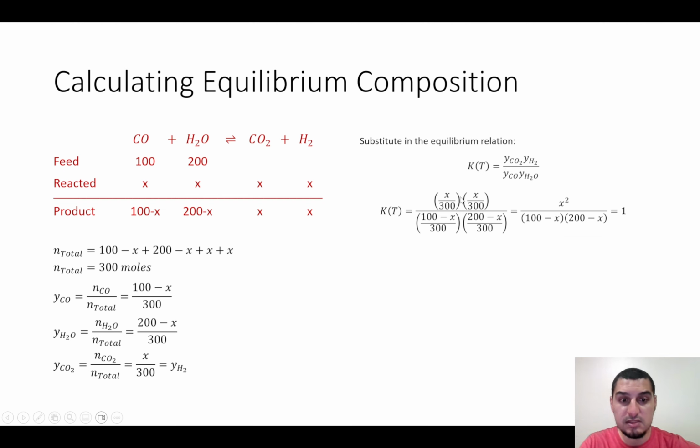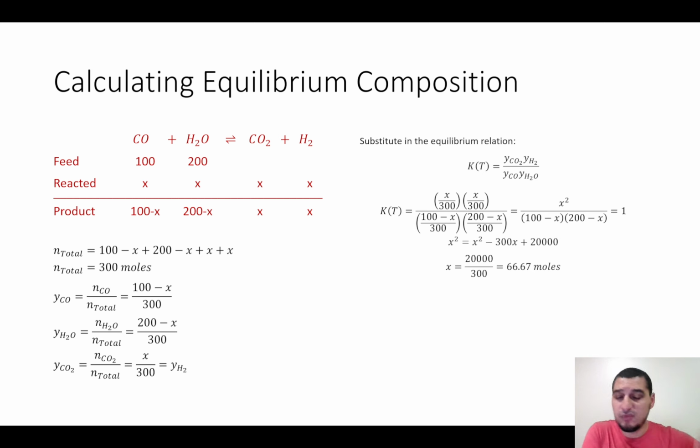It is X over 300 multiplied by X over 300, which is hydrogen times CO2, divided by 100 minus X over 300 times 200 minus X over 300. Of course, all the 300s will cancel. The rest is just math. We will expand these two brackets, and then we will have this equation, X squared equals X squared minus 300X plus 20,000. And we can simply calculate X to be 66.67 moles.